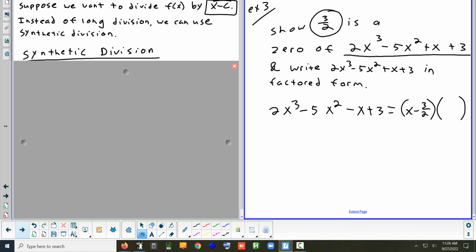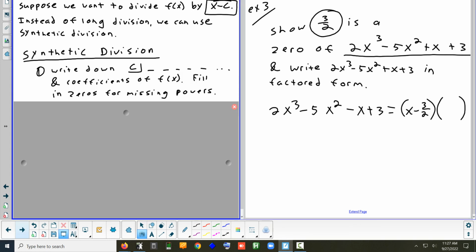That proves that this is a factor. And that proves that 3 halves is a 0. So that's the idea. But we're going to do division and show the remainder is 0. Any question on that line of thinking? Okay, so we're answering the question indirectly by proving something else, which proves what they want us to show.